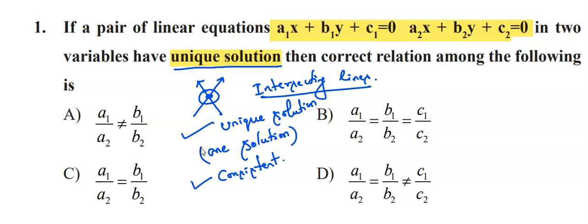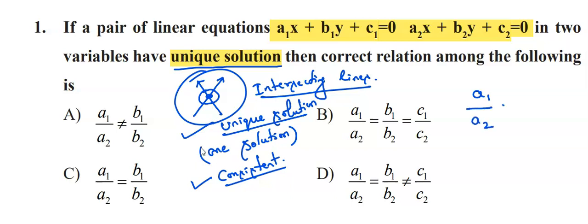Now, how can you identify? Maybe they have given the general form, but they may ask you the other way around. They may give you some equation 1 and equation 2 and ask you to identify how many solutions it has. At that time, remember, by seeing the nature of the graph, we said they have a unique solution and they are consistent. And algebraically, if the lines are intersecting or consistent, then a1 by a2 does not equal b1 by b2.